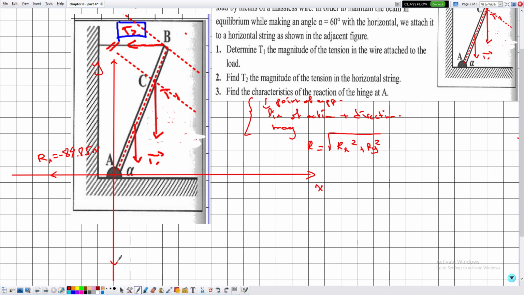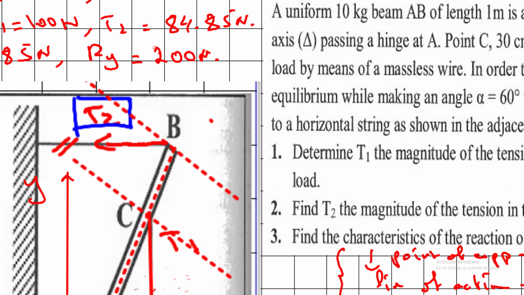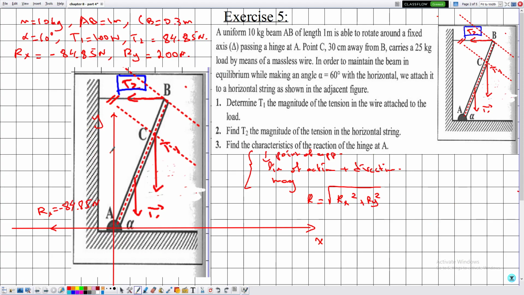Now Ry will be somewhere here, so Ry is positive and it's given by 200 newtons, so it will be somewhere here. So this is Ry, which is equal to 200 newtons.